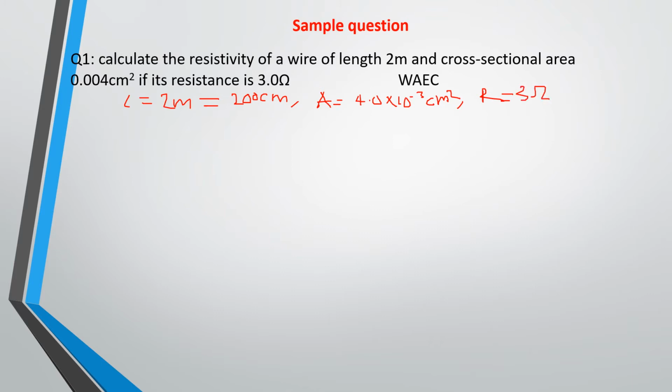We are told that we should calculate resistivity. Resistivity is equal to resistance times area all over length. So we can substitute into this equation. I have 3 multiplied by 4.0 times 10 raised to power minus 3, all divided by 200.